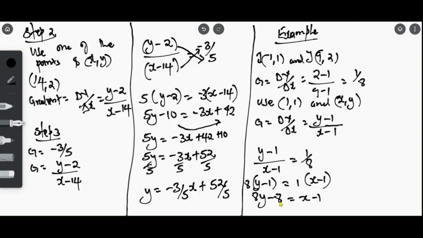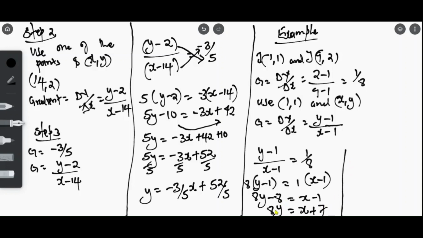Then I put the like terms together. If I take this one to the other side, it will be addition. So I'll have 8y equals x minus 1 plus 8, which becomes plus 7. I can choose to remain with y on one side, although you can leave your equation this way.